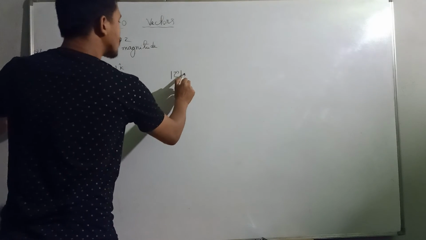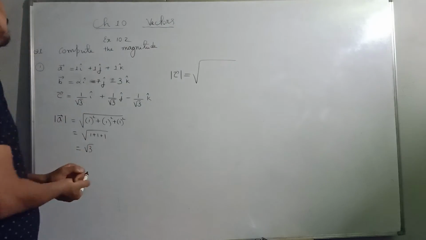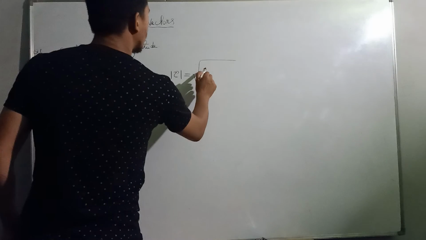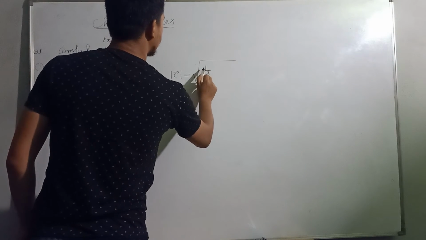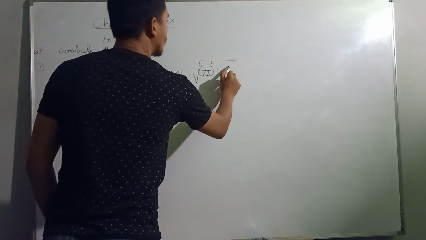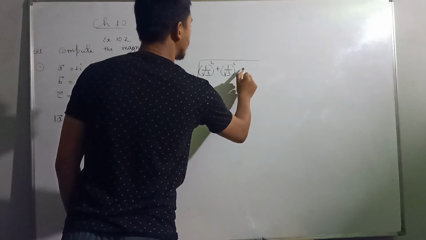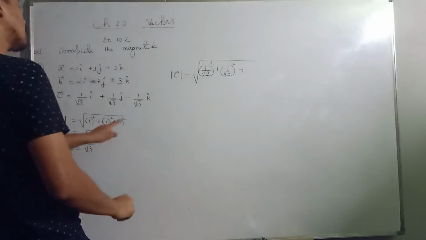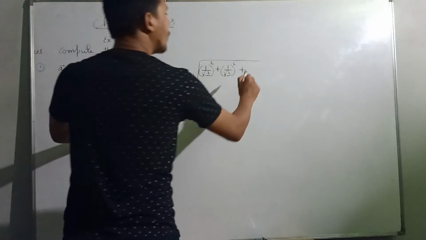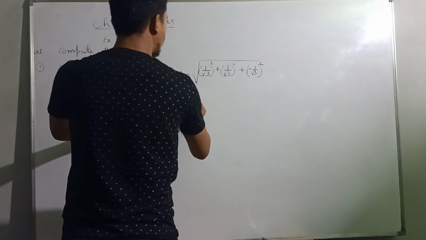Magnitude of C is also given by the square root of component of x squared, plus component of y squared, plus component of z squared. The component of x here is 1 by square root of 3, whole squared, plus component of y squared, which is also 1 upon square root of 3, plus component of z squared, which is minus 1 upon square root of 3, whole squared.